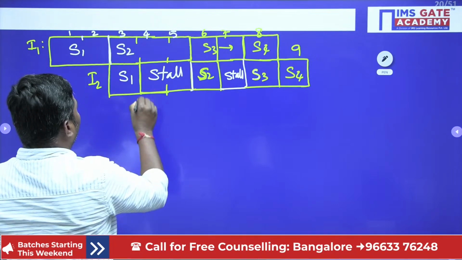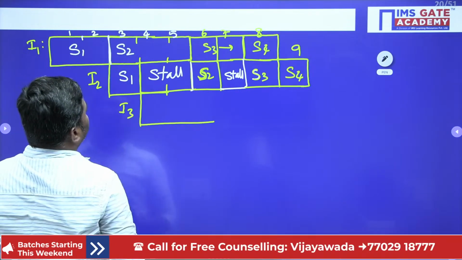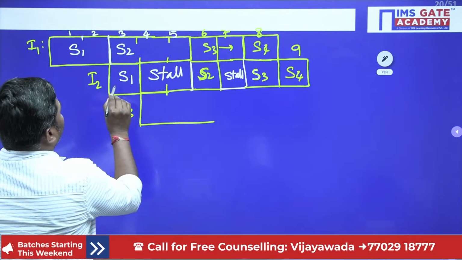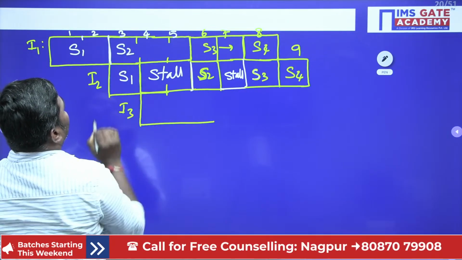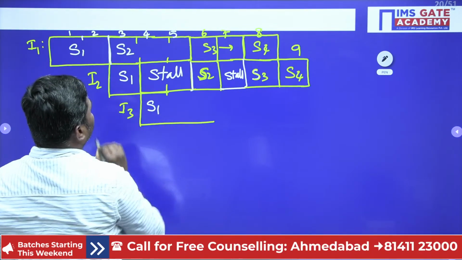Now look at another point. Instruction 3. Instruction 1's stage 1 work is over at the end of the 3rd clock, so at the 4th clock stage 1 is free. So I can give stage 1 to instruction 3.